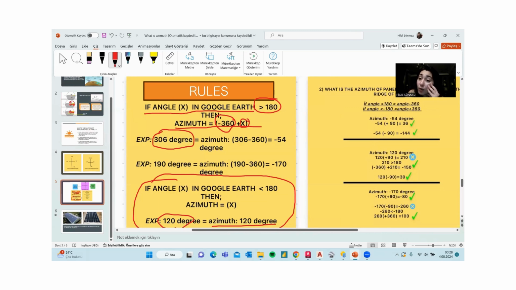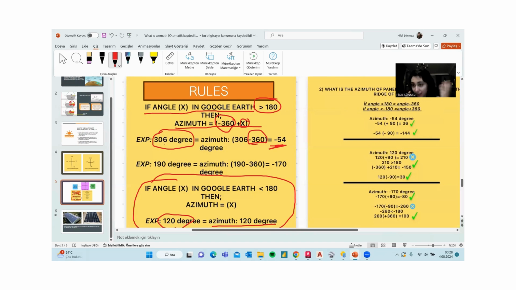This angle is greater than 180 degrees, so we subtract 360 degrees from it, and we get minus 54 for the azimuth of our roof.